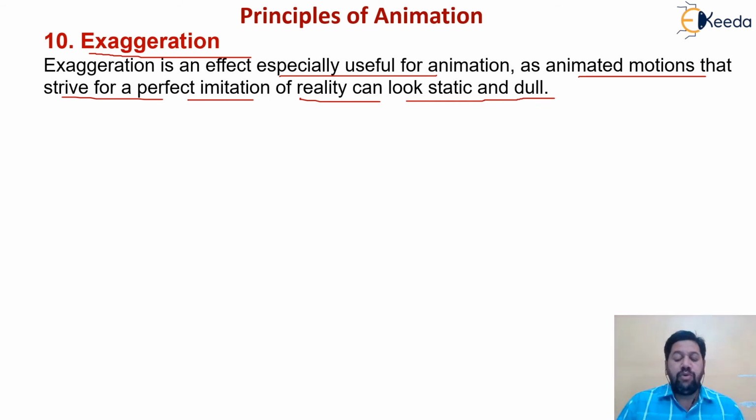So I want to add some exaggeration. I want to show that the person is crying, but crying very hard. I want to focus more on that crying motion. So with more exaggeration, I will show the drops of water moving from his eyes very fast.